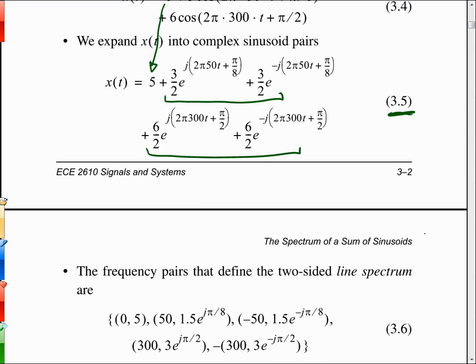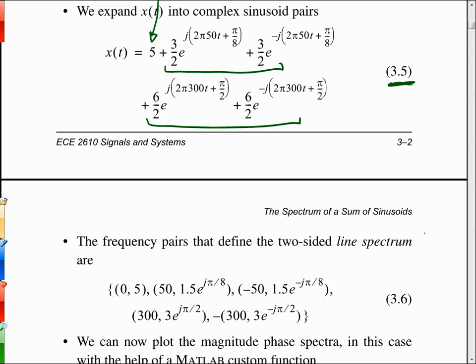So if we take this example and extract the parameters into these frequency-amplitude pairs, at 0 hertz we have an amplitude of 5, and then at 50 hertz we have an amplitude of 3 over 2, which is 1.5, and a phase of pi over 8.